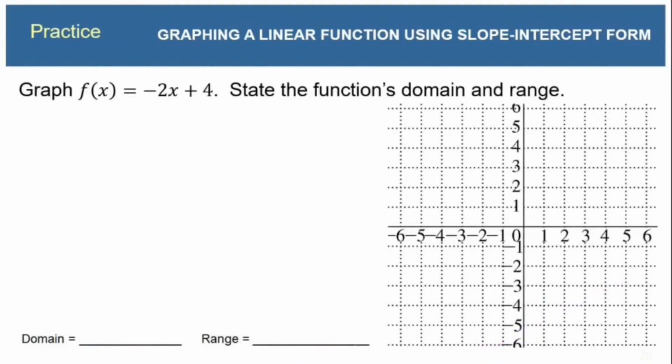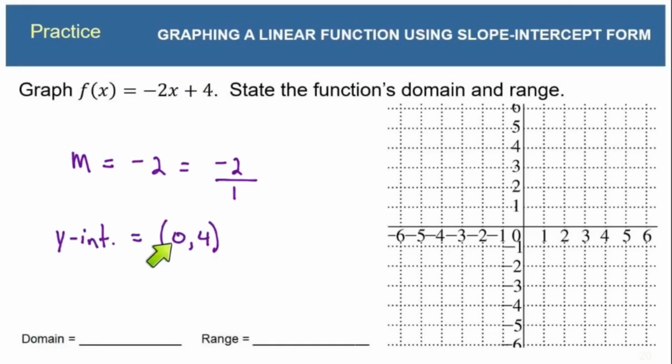So it says graph f of x equals -2x plus 4. And we know from looking at this equation that the slope will be -2. Now we want to think of the slope as a fraction, and so a fraction needs a denominator, and so -2 we will think of as -2 over 1. And then the y-intercept is going to be (0, 4).